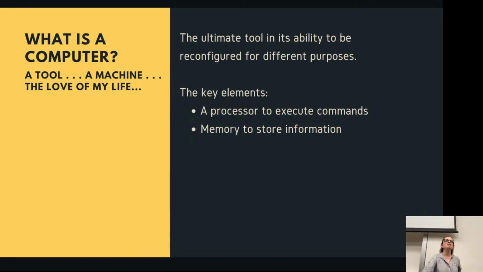Okay, what is a computer? I mean, let's start truly at the basics here. It looks like most of you have one, so I suppose you kind of know what it is. But there are some key elements to a computer, and we don't really care too much about them in 1511, just a little bit. A processor to execute commands, and memory to store information.